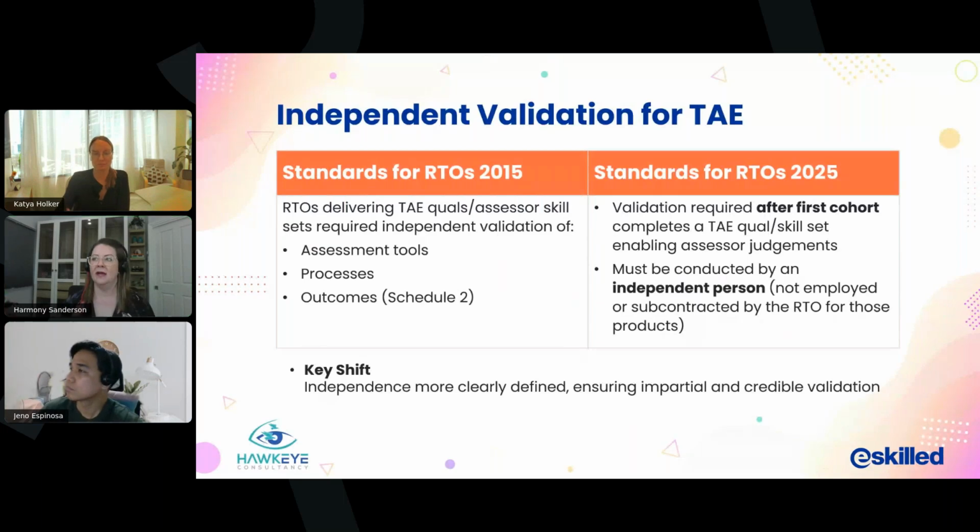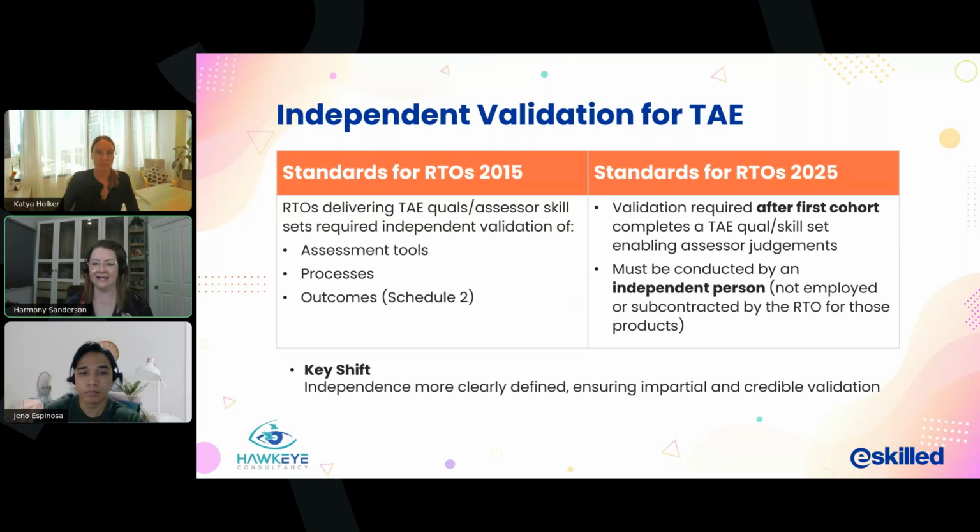So independent validation for TAE. Under the 2015 standards, RTOs delivering TAE training and assessment qualifications or assessor skill sets had to undergo independent validation of their assessment tools, processes, and outcomes. Under the new standards, the requirements continue, but is now more explicit. So validation must be conducted after the first cohort completes a TAE qualification or skill set that enables assessors to make assessment judgments.